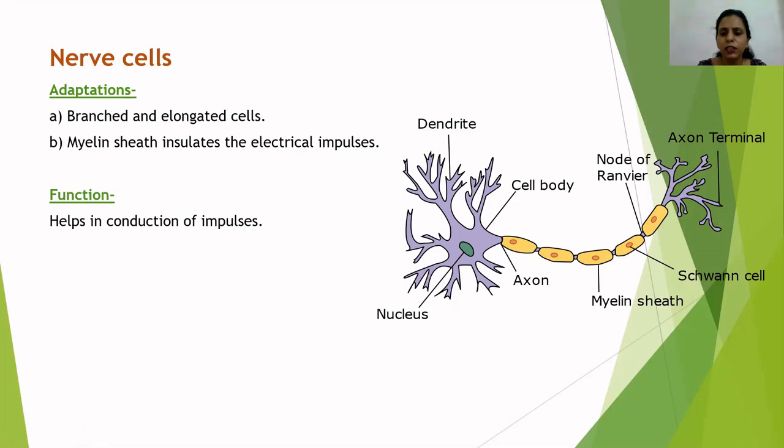That means when electrical impulses are moving through this axon, these electrical impulses should not come out of the cell or deviate. So in order to insulate these electrical impulses, the myelin sheath made up of protein and fat is present around the axon. Okay, and the function of nerve cells is to conduct nerve impulses or electrical impulses.